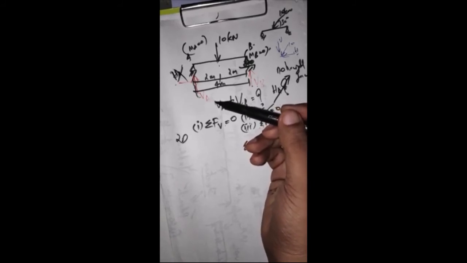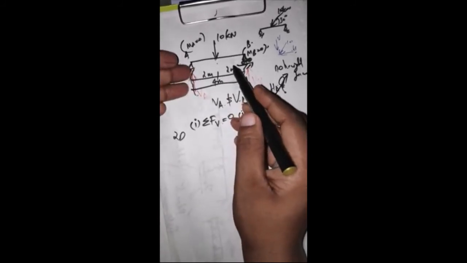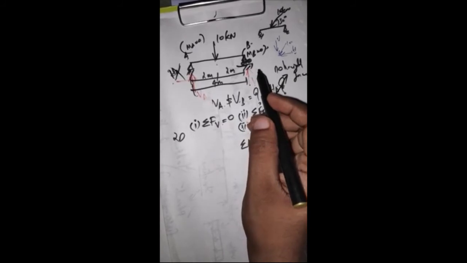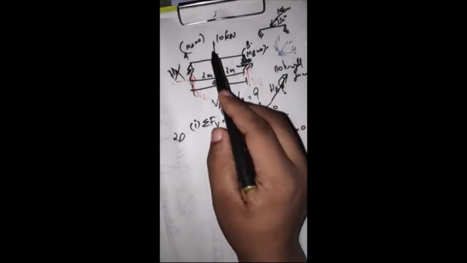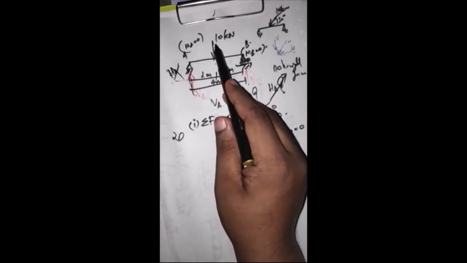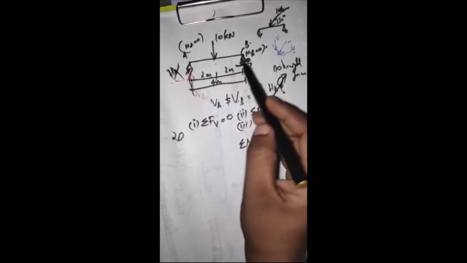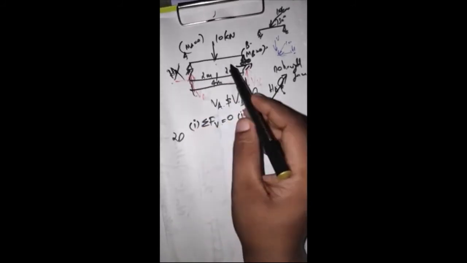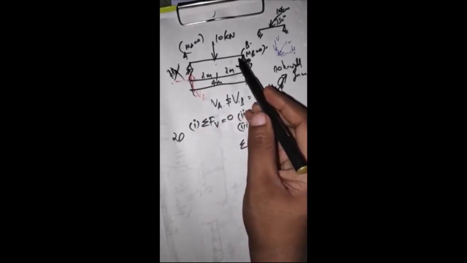When we are giving a force to a beam, at the supports there will be something opposing it. That is known as reactions. If I am giving a 10 kilonewton load here, this 10 kilonewton has to be supported by these two supports. Otherwise, the beam will fail.